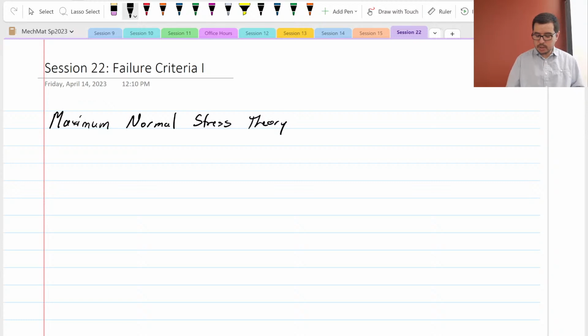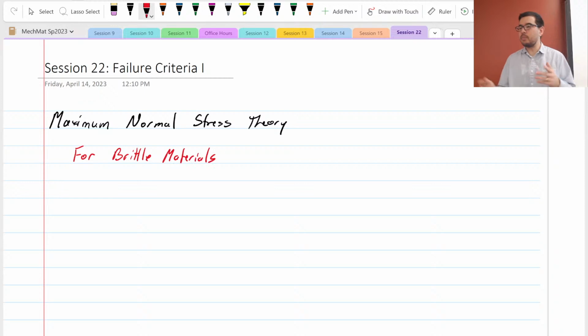First of all, do not apply it to ductile materials. Rule number 1: this one is for brittle materials, and we've talked about brittle and ductile in the past. Brittle materials are those that have a catastrophic or very sharp break.